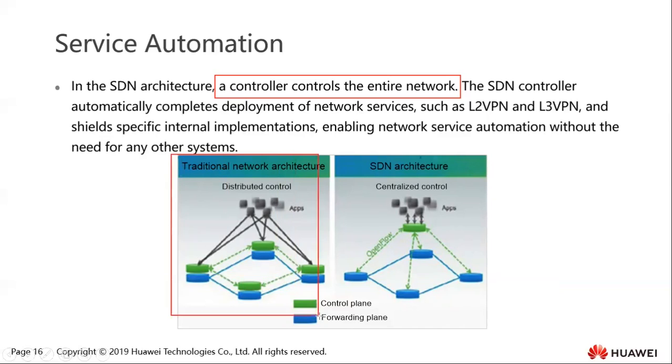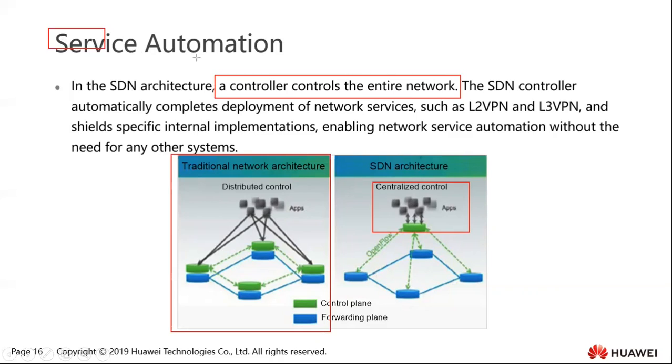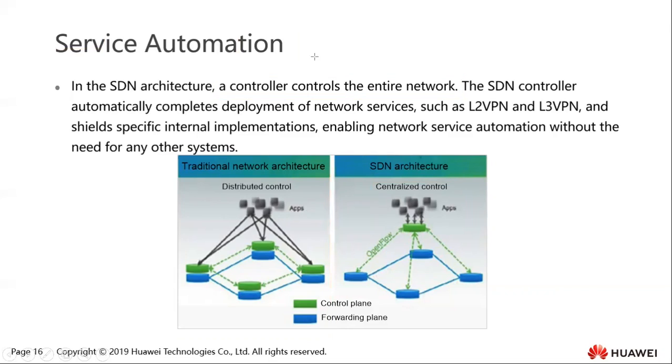In traditional networks, every device has its own control and forwarding plane, and they calculate their routes independently. Here, we have a centralized control plane, and it is this that does the calculation and shares the flow tables to the individual routers. So it becomes possible to automate many aspects of the network through the controller.